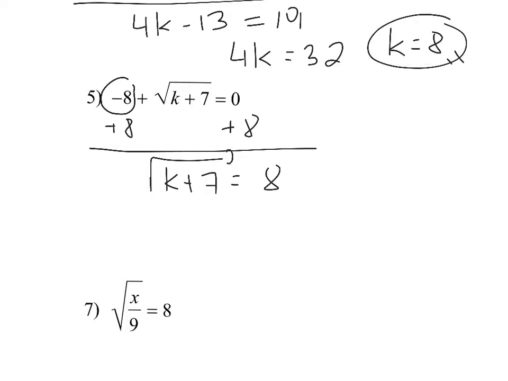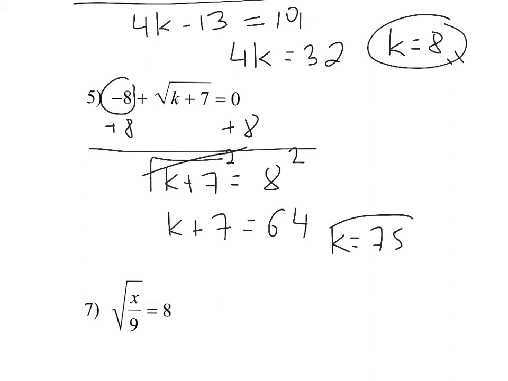Now I can square it. Please remember, they are called inverse operations. So k plus 7 is equal to, please do not say 16, it's 8 times 8, which is 64. Minus 7, the answer is k is equal to 57. That is your solution.